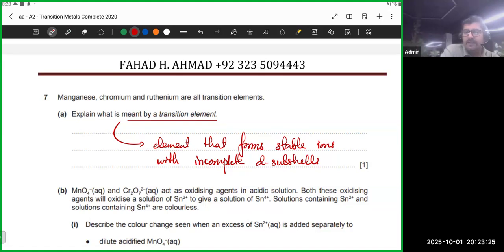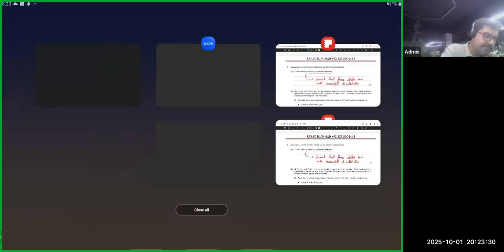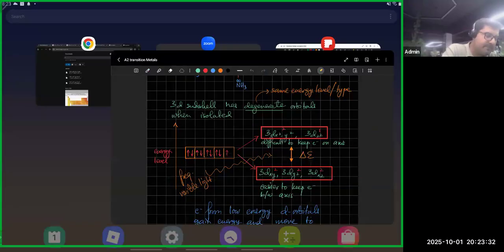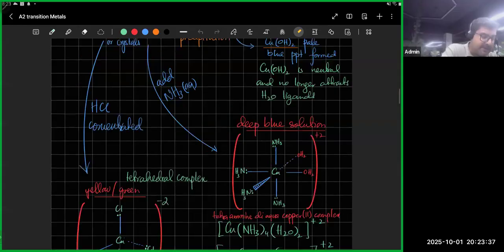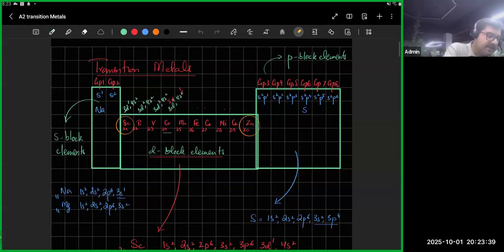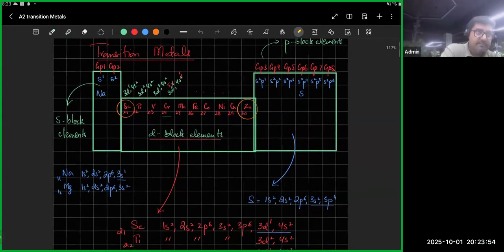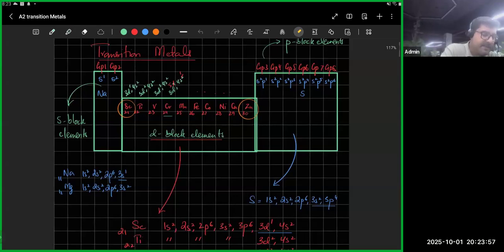Let me show you in the notes, just for revision. Right at the beginning, I made a distinction between D block elements and transition elements. These elements over here, they're all D block elements, but they're not all transition elements. Transition elements have certain properties: high melting points, high densities, variable oxidation states, colored compounds, and they are very good catalysts.